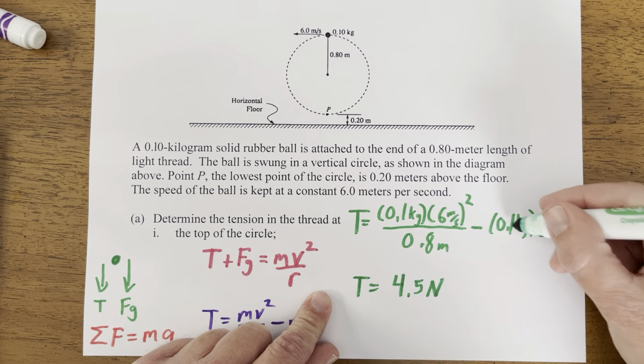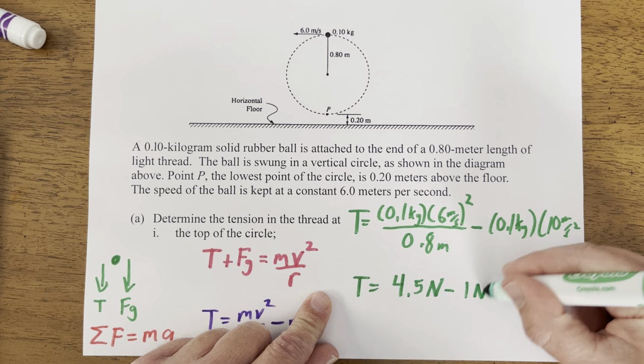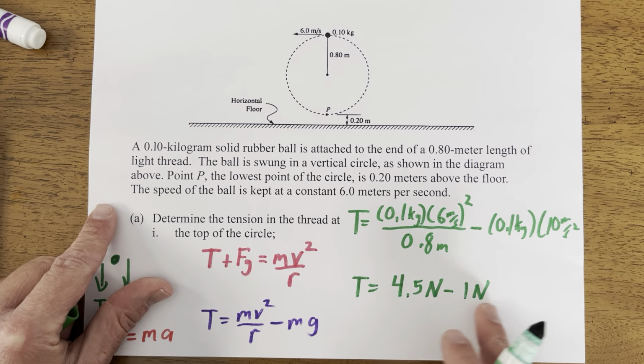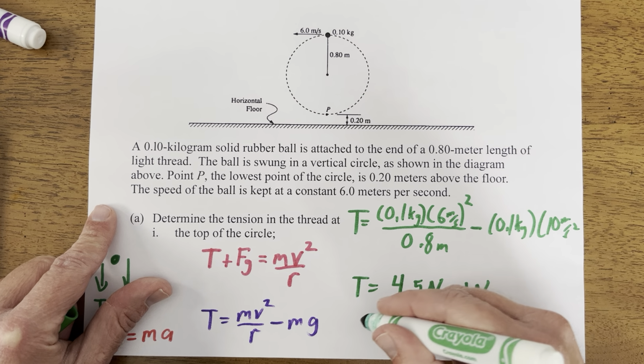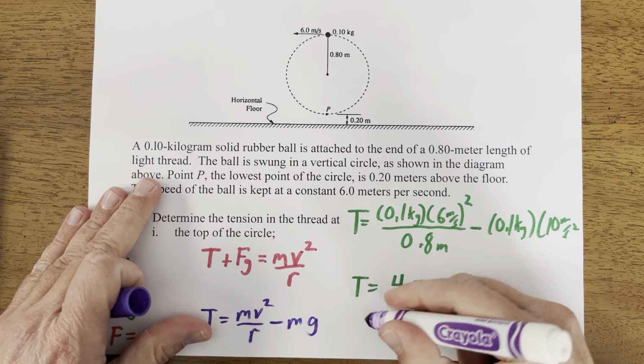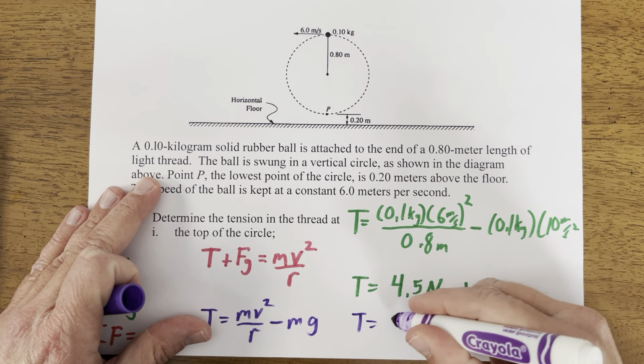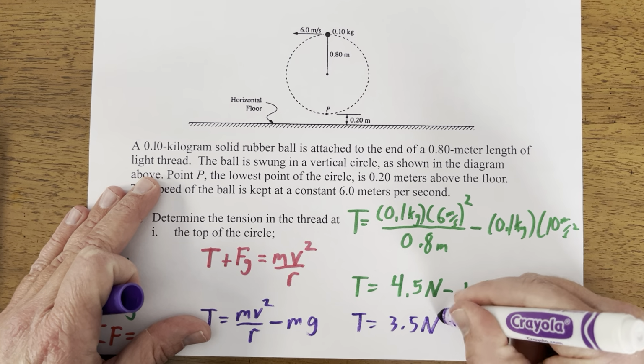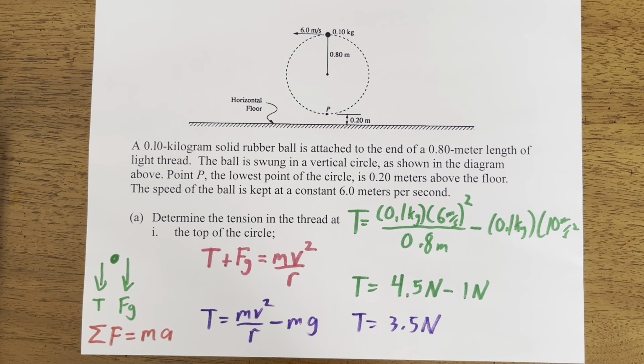This second term is simply 10 times 0.1, which is 1 newton. So we get 4.5 newtons minus 1 newton, and that leaves us with 3.5 newtons. So the tension at the top is 3.5 newtons.